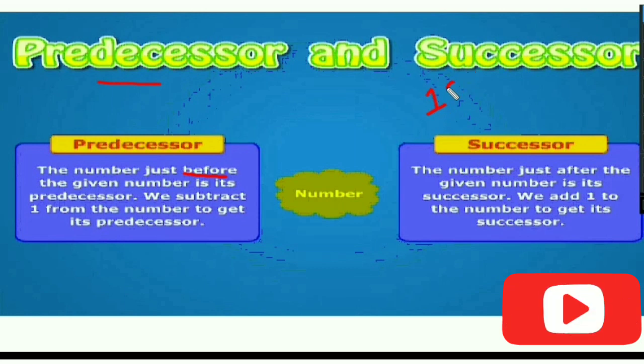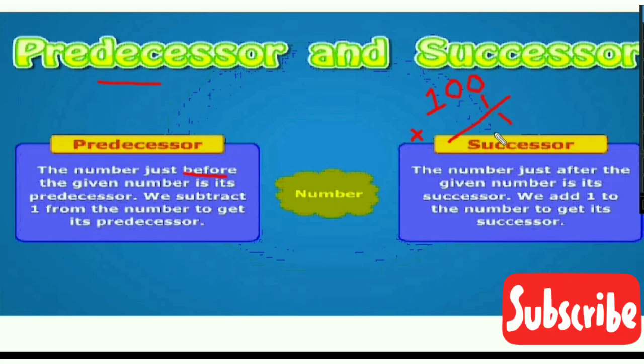Okay, if I am asking you to find the successor of 100, we simply need to add 1 to 100. Now 100 plus 1 equal to what? 0 plus 1 equal to 1. 0 as it is, and 1 as it is.